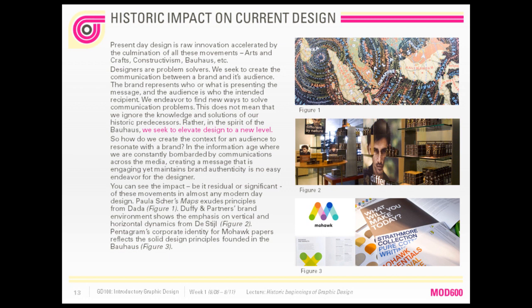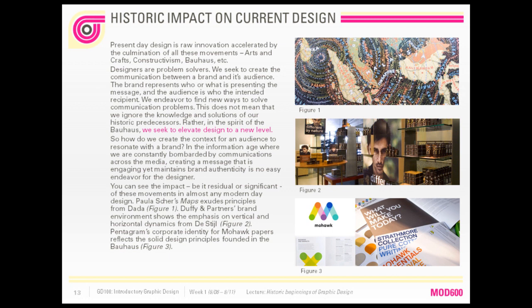And basically, in a time where people are assaulted by the media, by hundreds of messages every day, the challenge for designers is to find a creative, inventive way to create a message. We're always trying to elevate design to a new level, in the spirit of the Bauhaus.